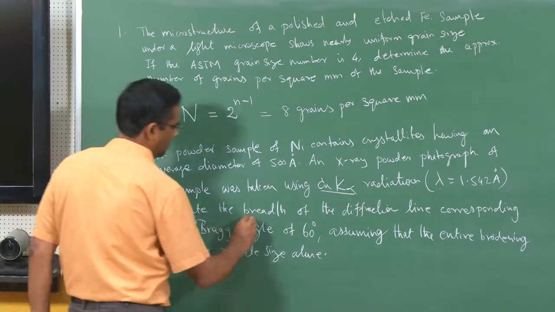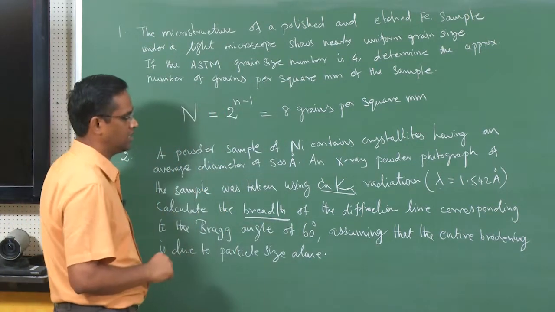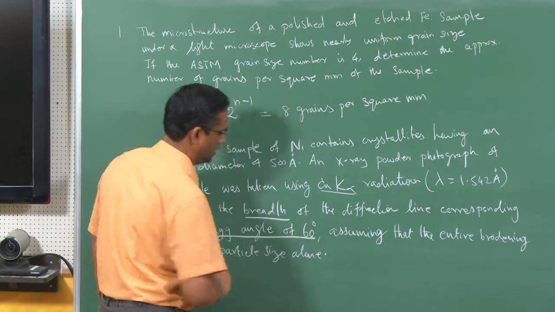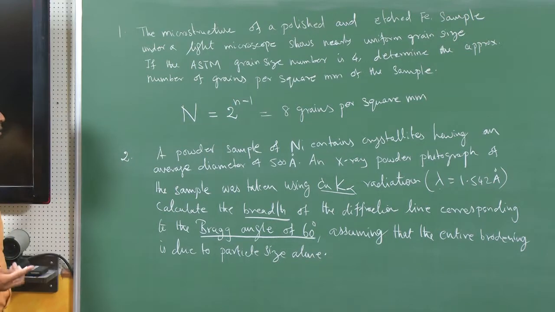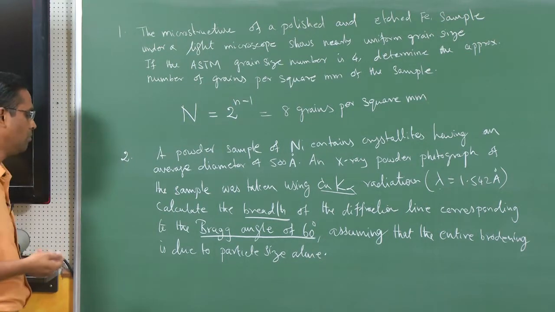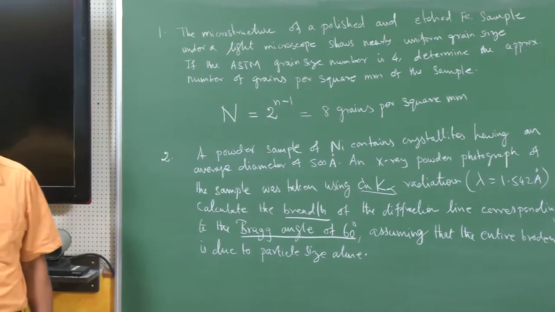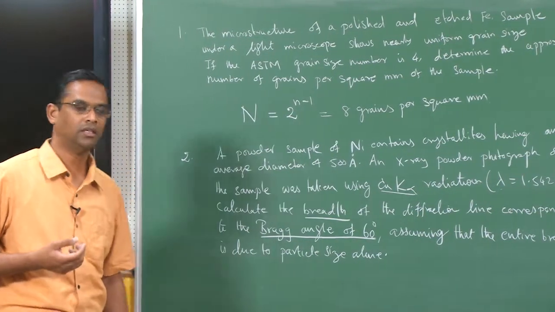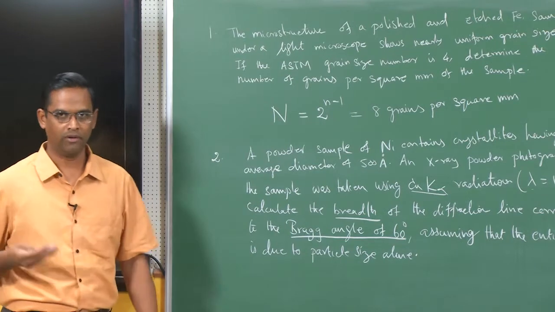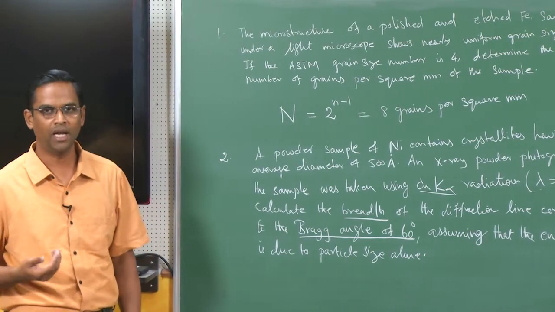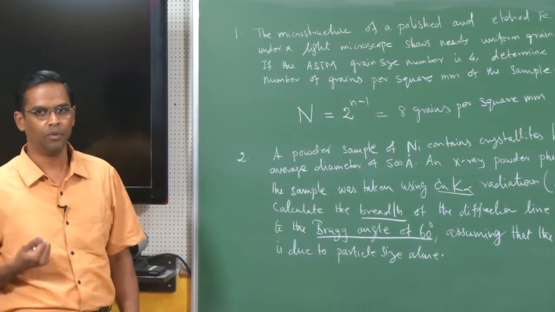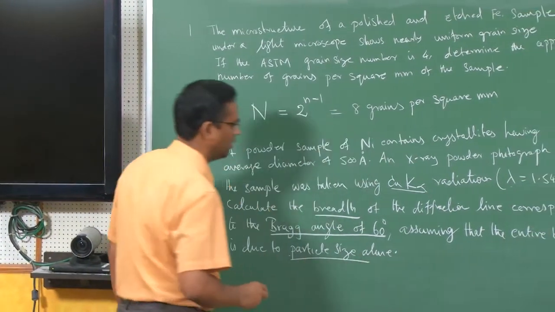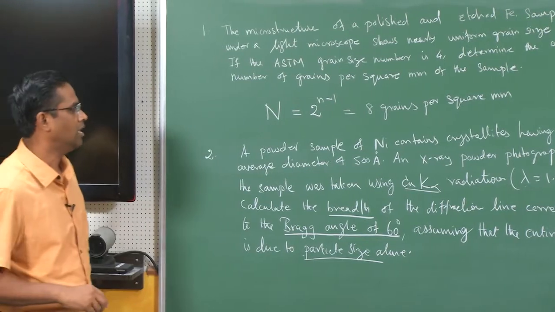Calculate the breadth of the diffraction line corresponding to the Bragg angle of 60 degrees, assuming that the entire broadening is due to particle size alone. Here is the assumption: the broadening is due to several factors, but if you assume that it is purely because of the particle size alone, then the Scherrer formula is valid.